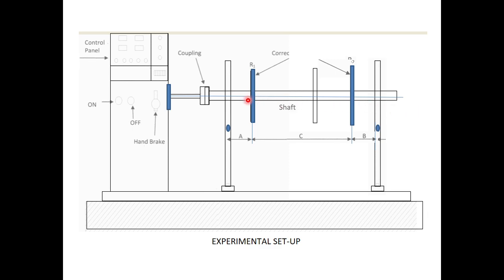Then we give a known mass at some point and we take another reading. And then again in the other plane some known mass is given. So this is what we need to do. I will talk about that afterwards.